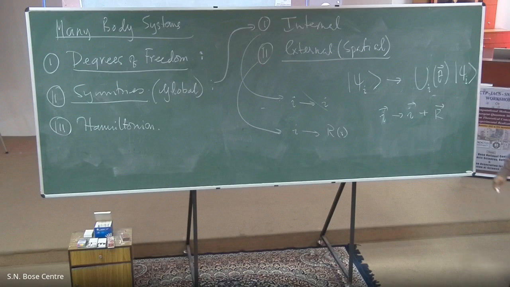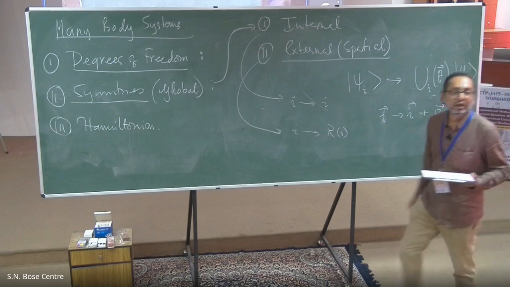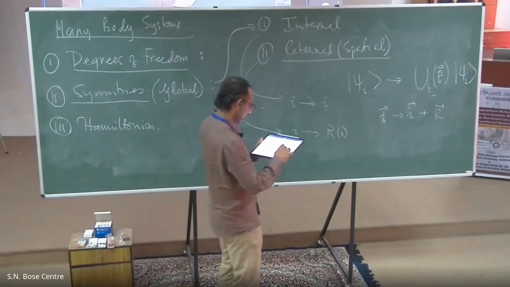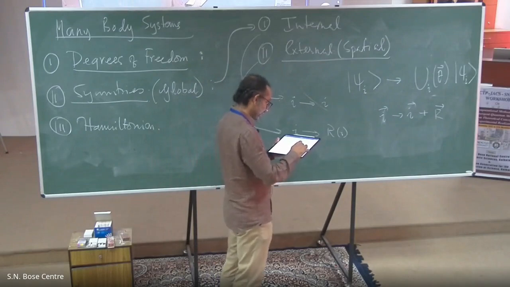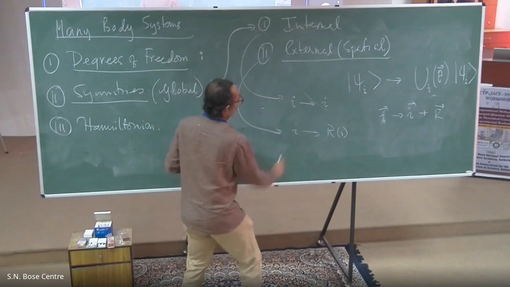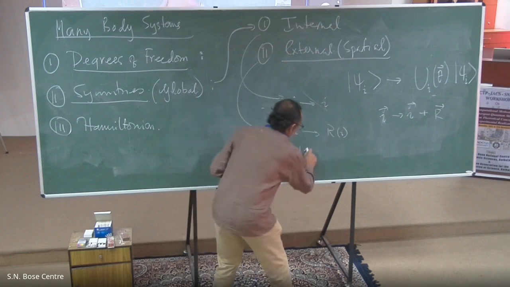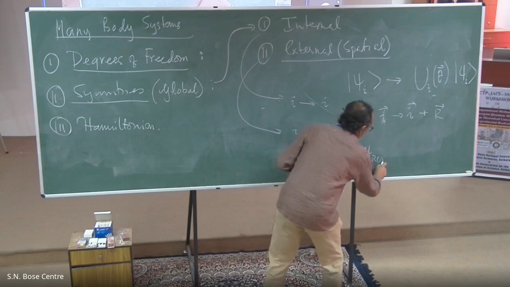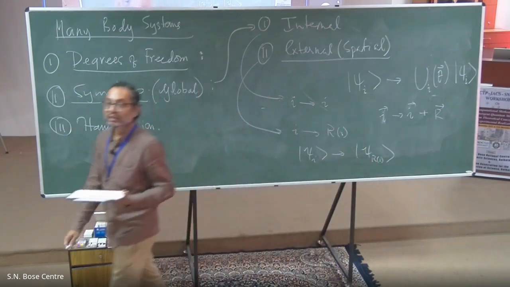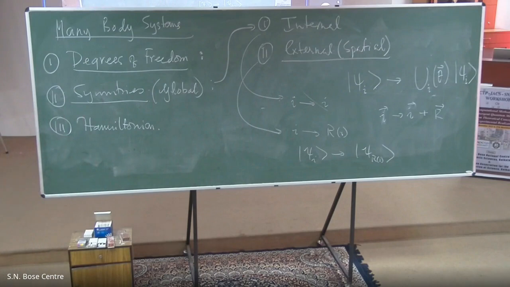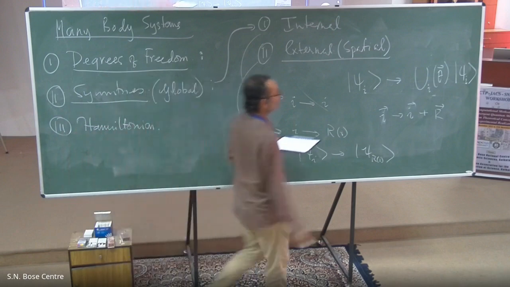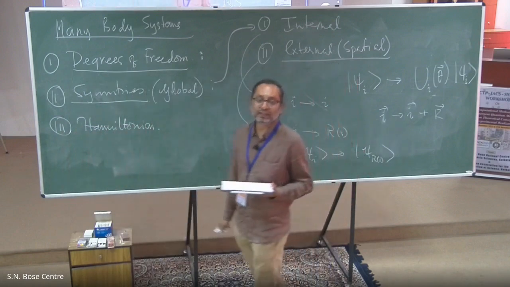So it permutes the local Hilbert spaces, but of course the total remains the same. Basically psi I goes to psi of R of I. Examples of these are lattice translation, reflections, etc.